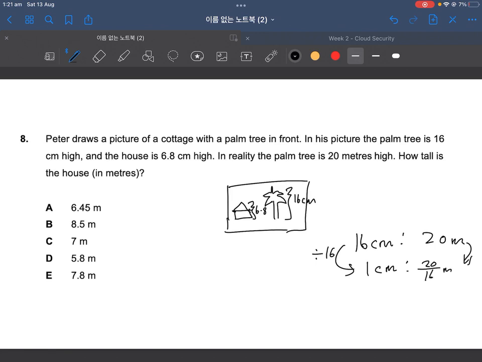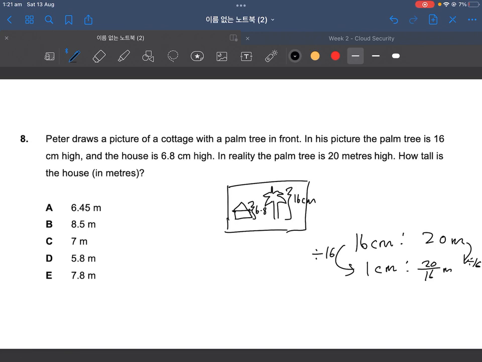Okay, so this is divided by 16. Because 16 centimeters is 20 meters, I can find out how much 1 centimeter is by dividing 20 by 16.